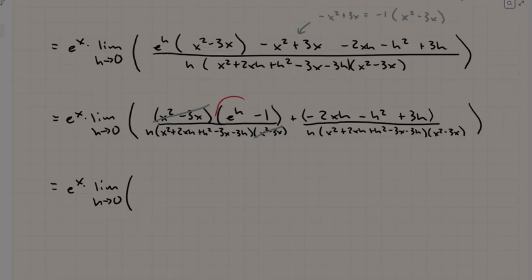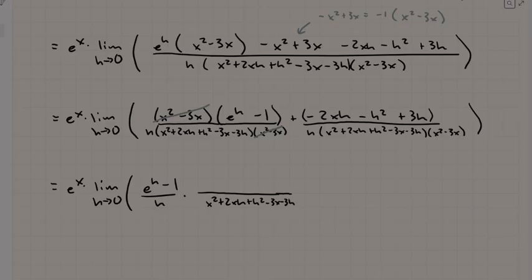If you remember from earlier, this e to the h minus 1 over h, we already solved it. And so let's clump that together. That would then be multiplied by 1 over all the rest: x squared plus 2xh plus h squared minus 3x minus 3h.